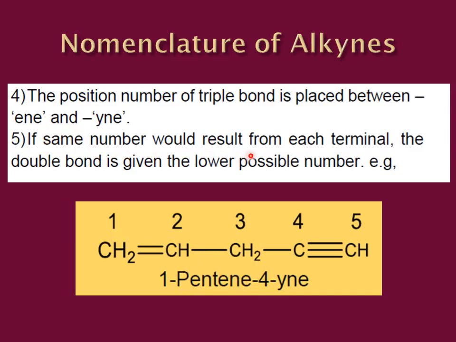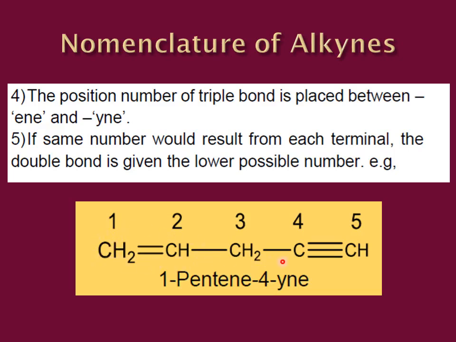If I started numbering from this side, it would give 1 to the double bond, and if I started from the other side, it would give carbon number 1 to my triple bond. When such a situation arises, the double bond is given the lower possible number. So I have to start numbering from this side to give the double bond the lower number.